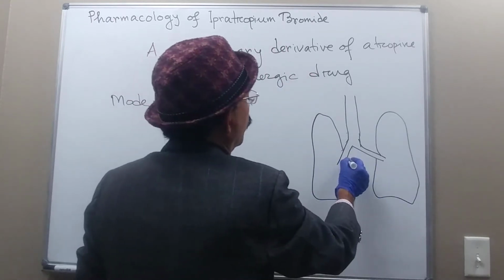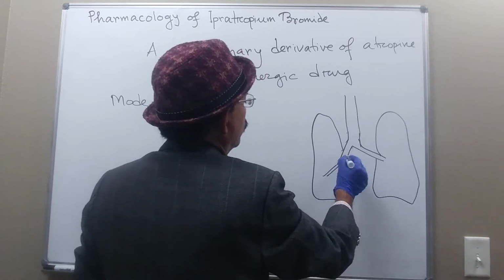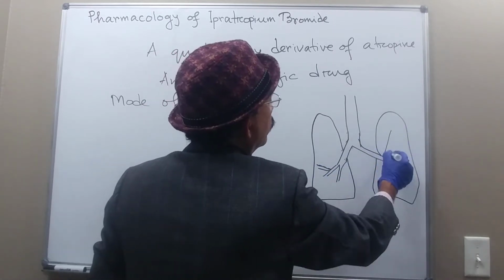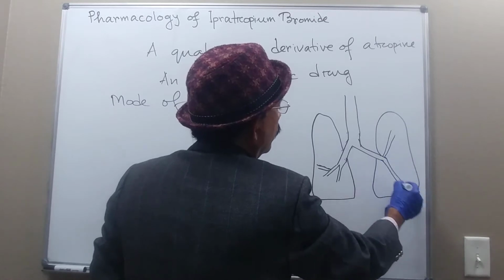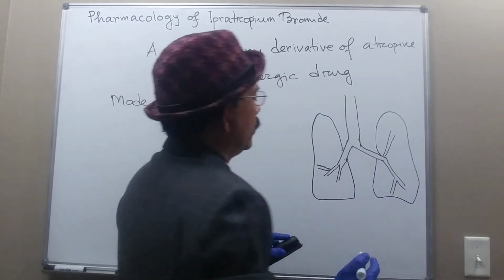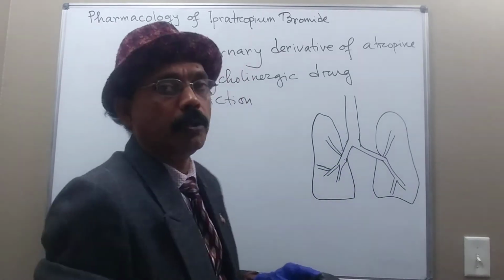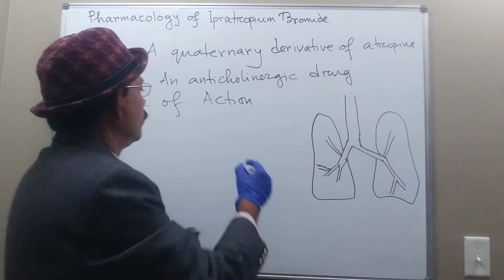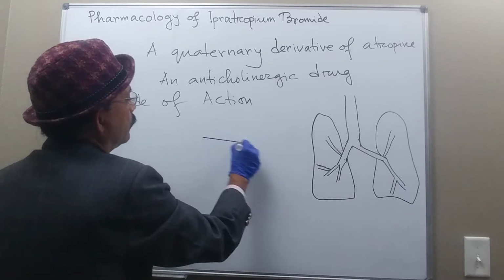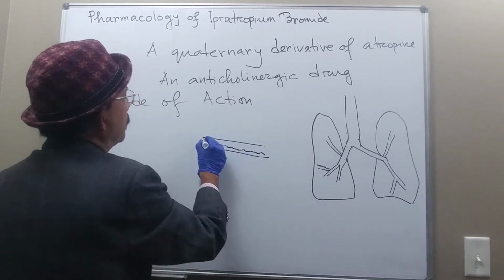This bronchus divides into multiple divisions, primary, secondary, tertiary bronchus. Then we have the bronchiole. In the bronchus and bronchiole we have smooth muscle.